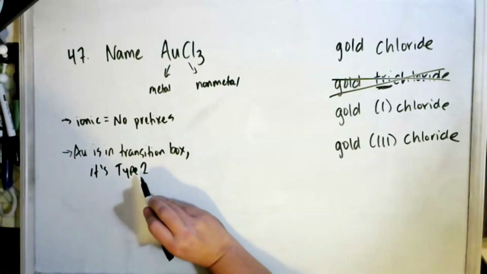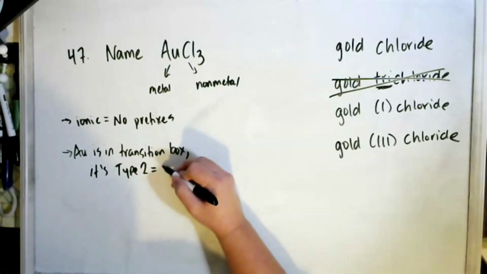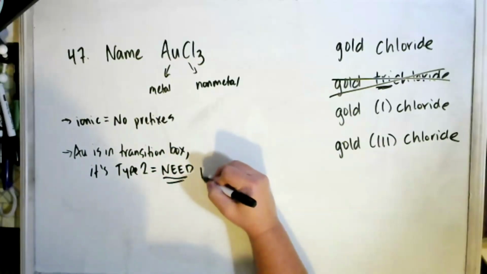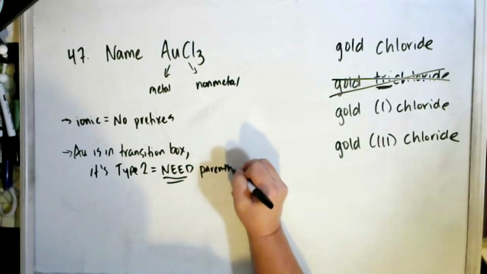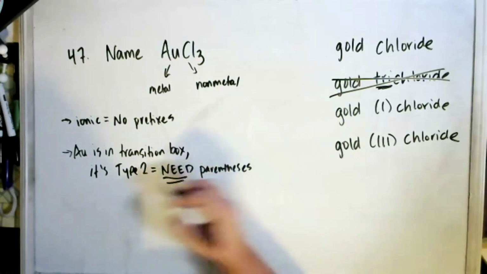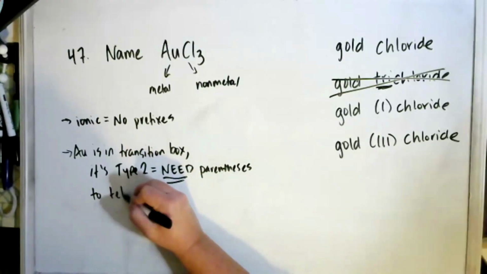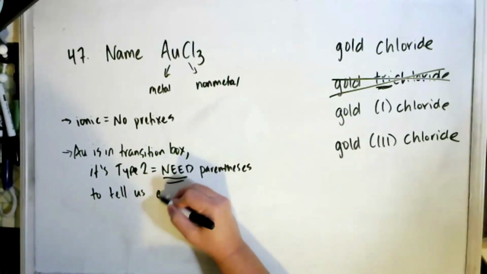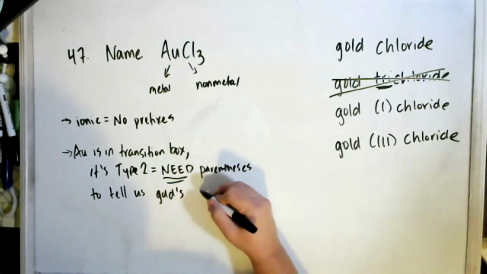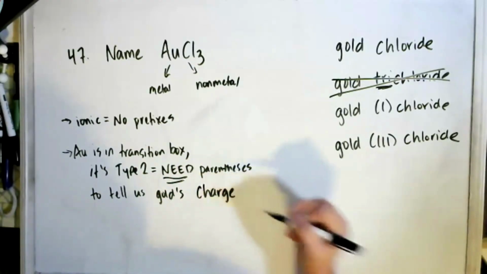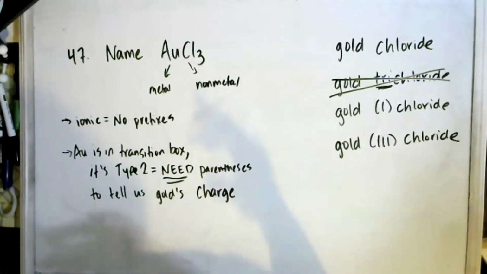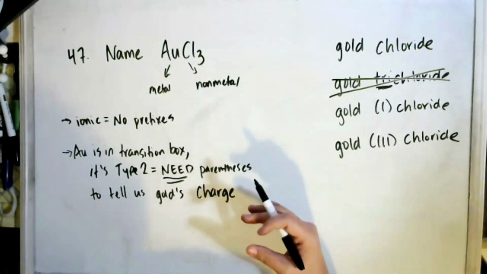And if it's a type 2 metal, that means that we must use parentheses to tell us the charge on gold. The parentheses does not tell us how many golds we have. That is not what it's for. The parentheses is there to tell us what the charge on gold is.